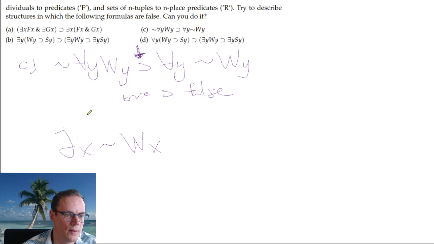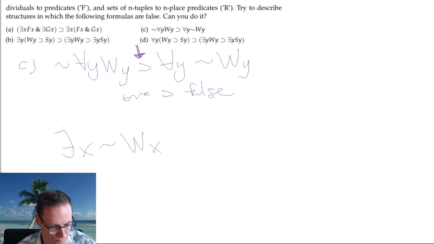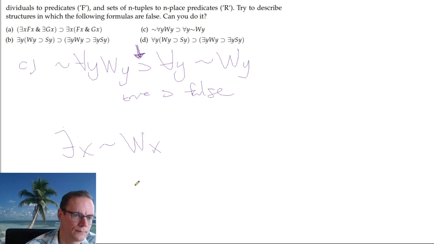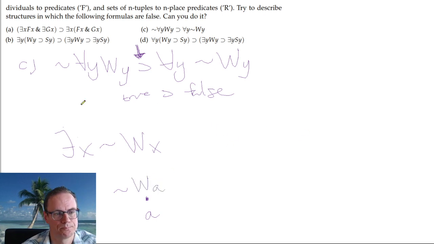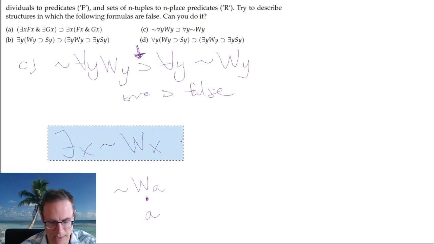So there's an x such that not Wx is the same as not the case for all y, Wy. Okay, so let's invent an individual A, and let's say A is not W. Great. We have satisfied the antecedent.